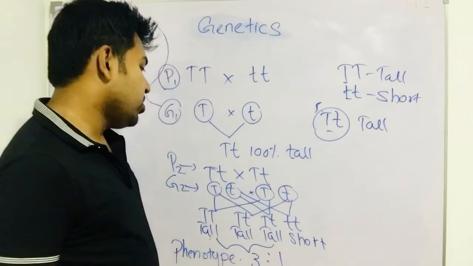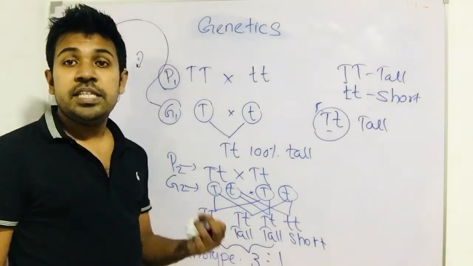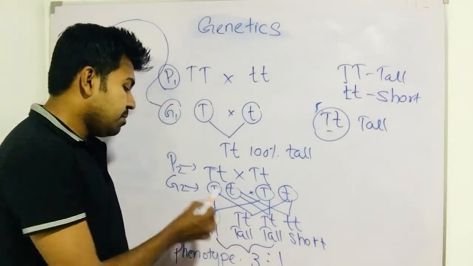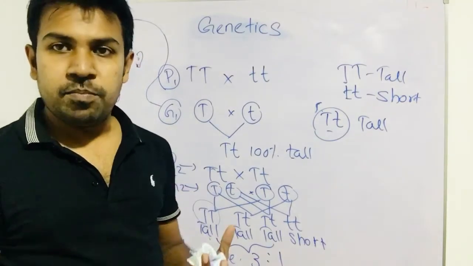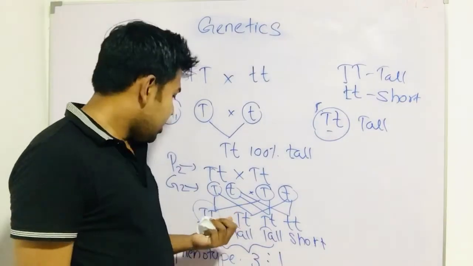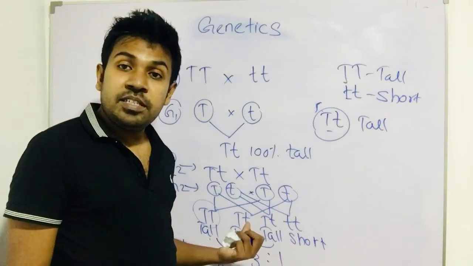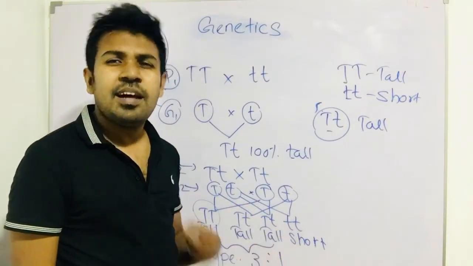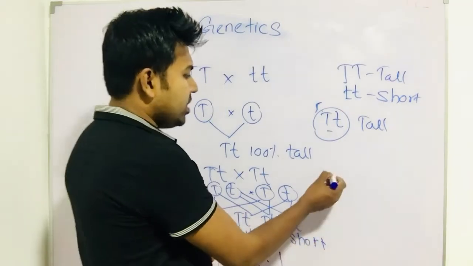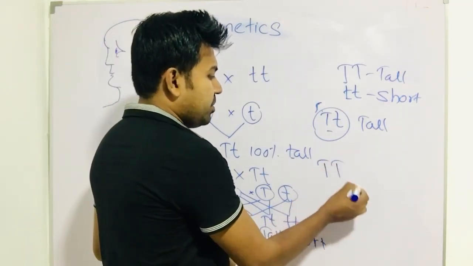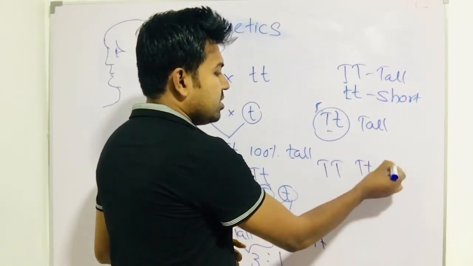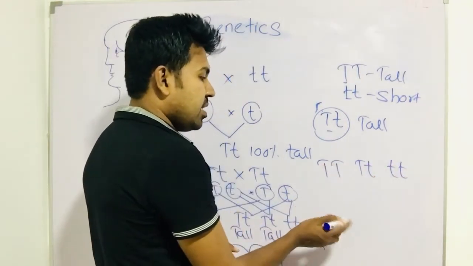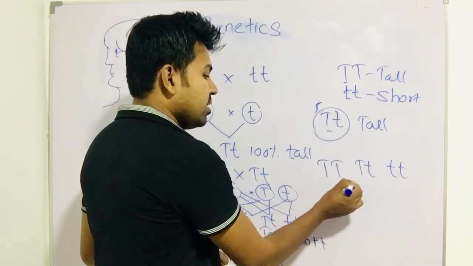So what is genotype? Genotype is the gene composition. In this case, you can see capital T capital T is one gene composition, capital T small t is another gene combination, and small t small t is the other. So there are only three types: capital T capital T, capital T small t, small t small t.